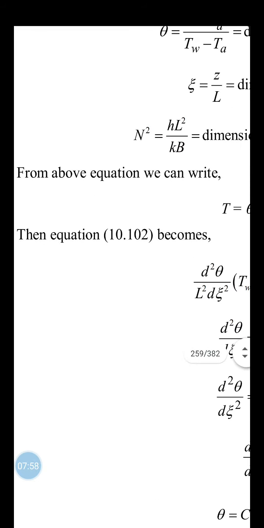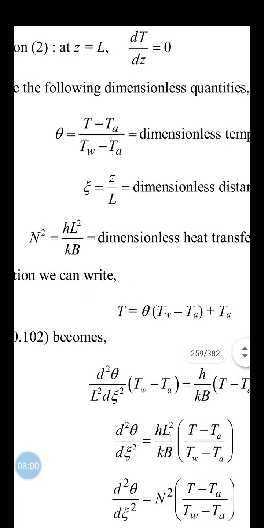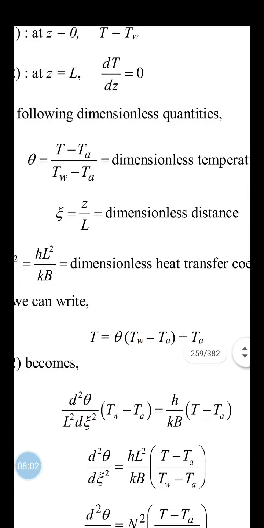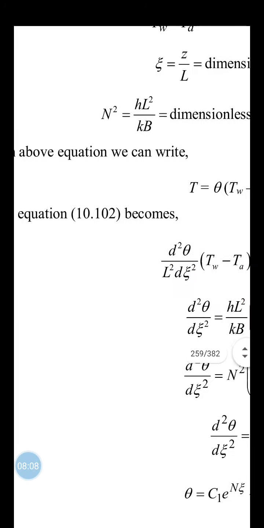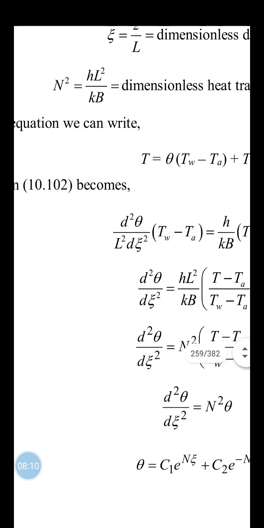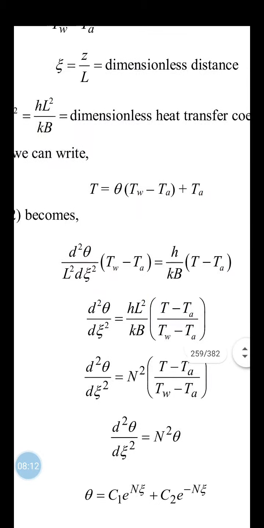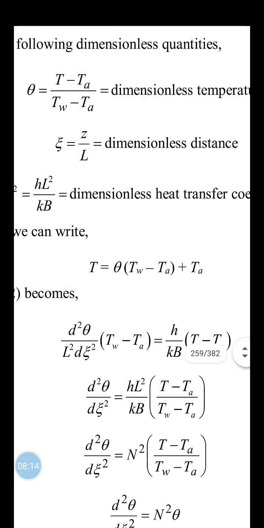So from the above equation, from this dimensionless temperature, you can write T is equal to theta into (Tw minus Ta) plus Ta. Then the equation can be written in terms of theta and zeta.